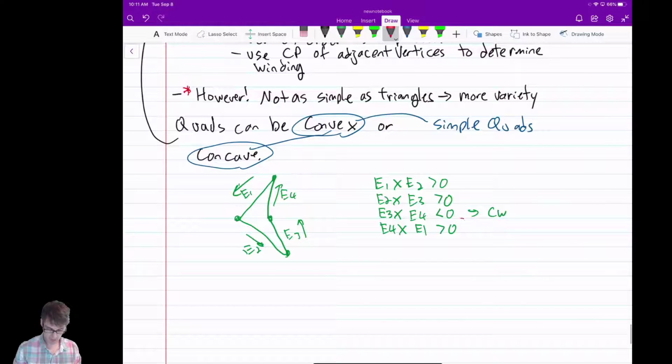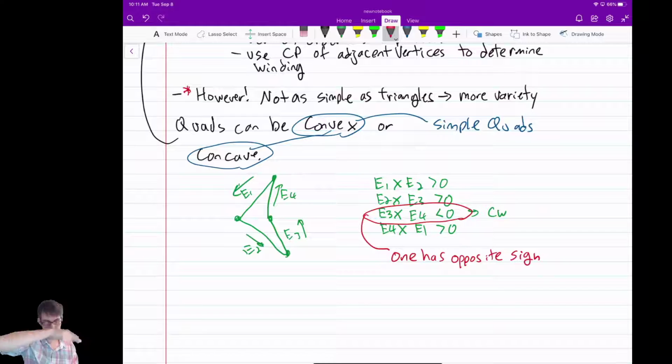Okay, I want to highlight this. In a concave quadrilateral, one of your cross products will have the opposite sign. So this was a counterclockwise winding quadrilateral, and one of the cross products goes the other way. If I had a clockwise winding, the same thing, one of them would have been counterclockwise. We can also say that the majority sign determines winding.